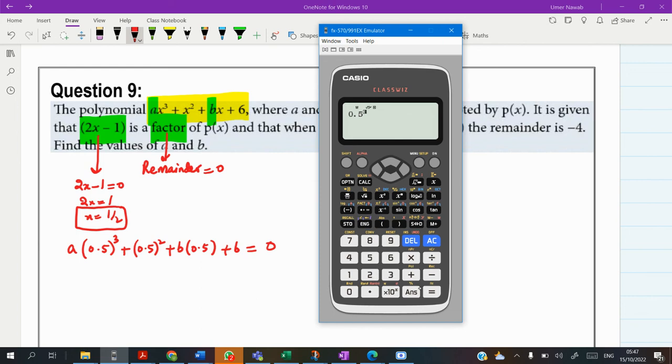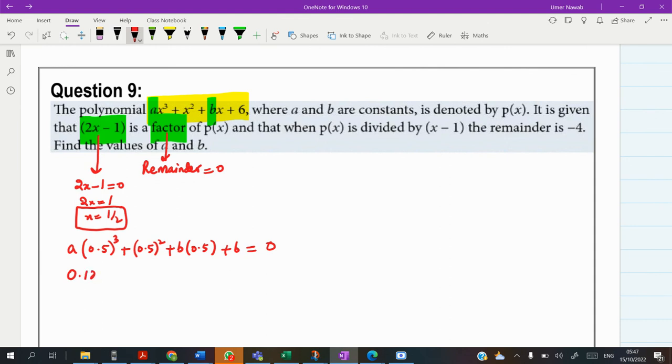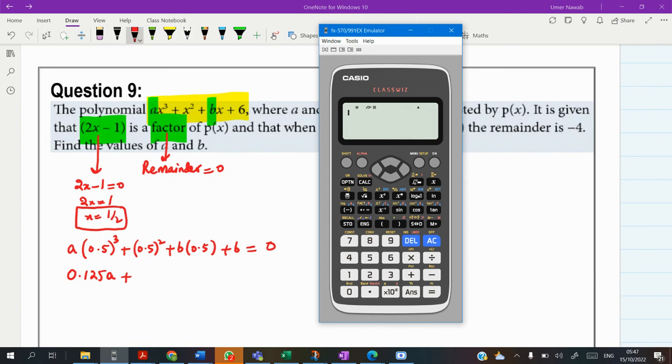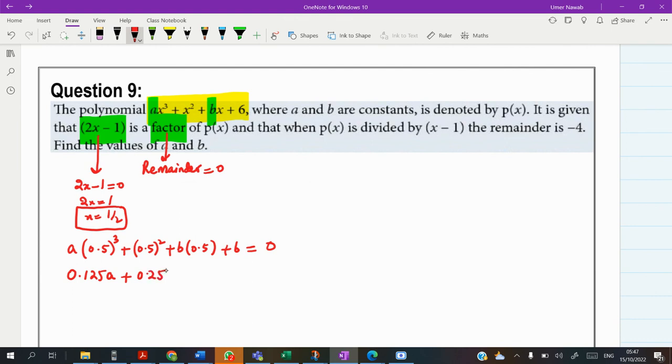0.5 whole power 3 gives you 0.125 a. Plus 0.5 squared gives you 0.25. 0.5b plus 6.